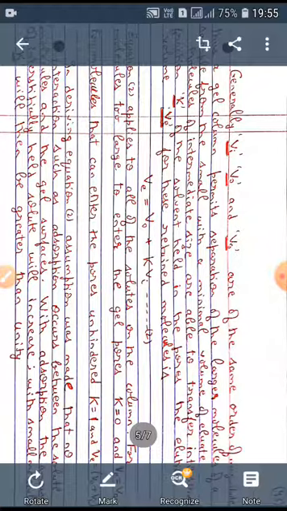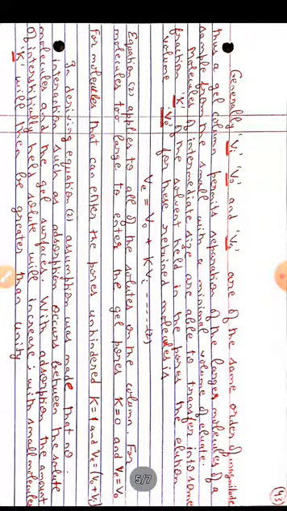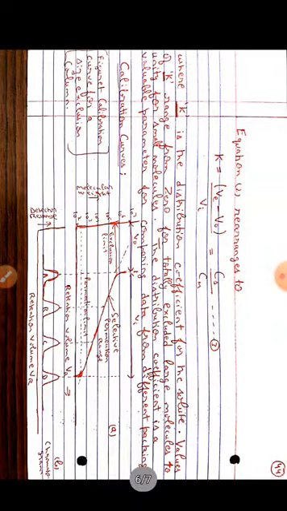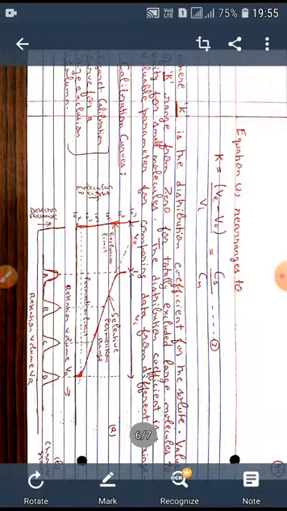With small molecules, K will then be greater than unity. Equation 2 will then be rearranged to K is equal to VE minus V0 upon Vi is equal to Cs upon Cm, given as equation 3. Here K is the distribution coefficient for the solute. Values of K will range from 0 for totally excluded large molecules to unity for small molecules. The distribution coefficient is a valuable parameter for comparing data from different packings.